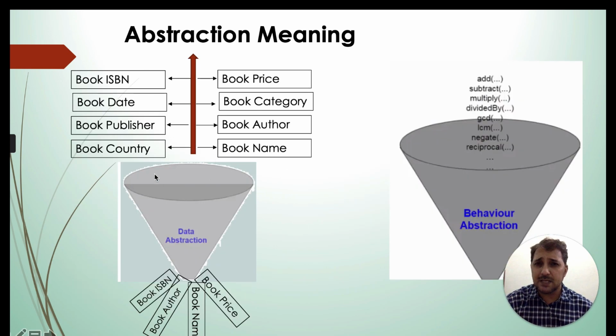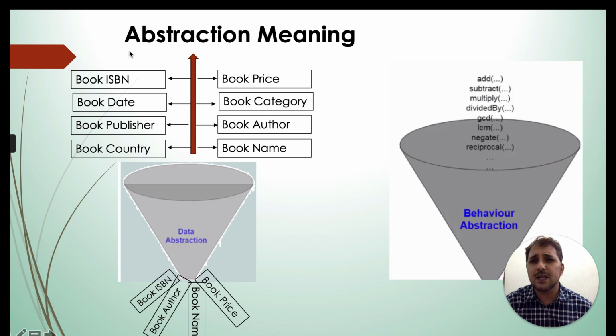If we look at this example, a book may have a lot of properties. The book may have an ISBN, a publishing date, the publisher, the country in which it has been published, its price, its category, author, and the book name, and maybe many more properties. But abstraction is like a filter.